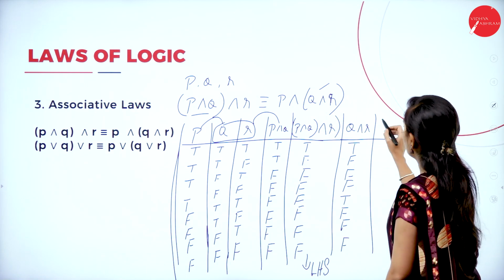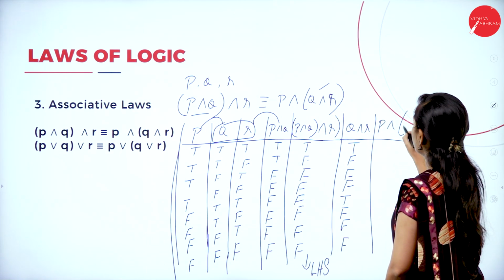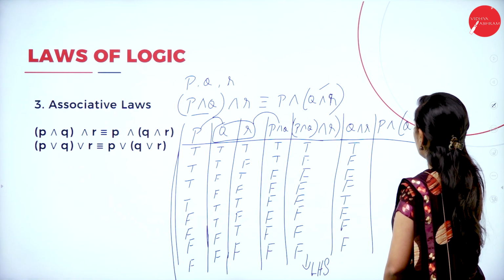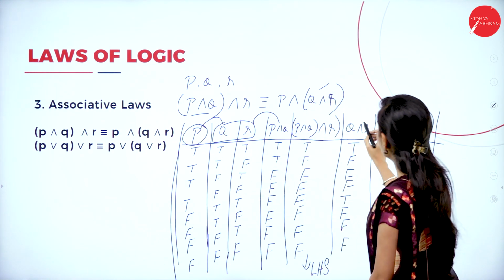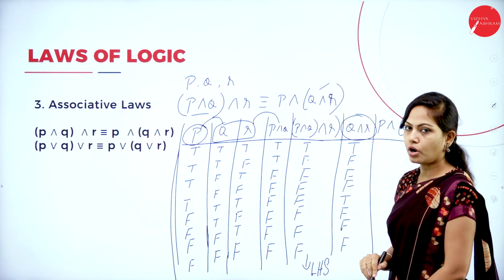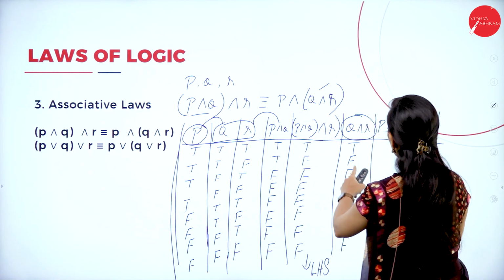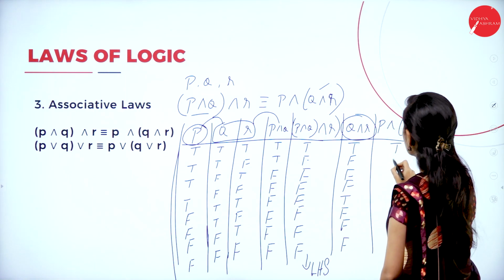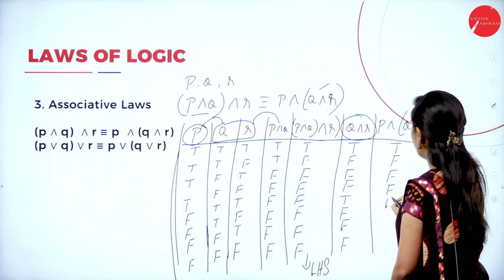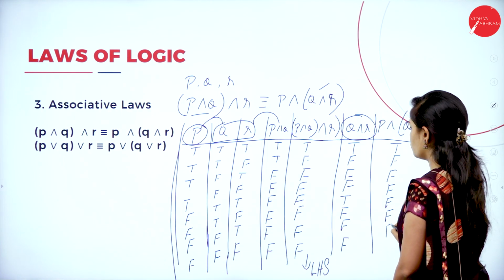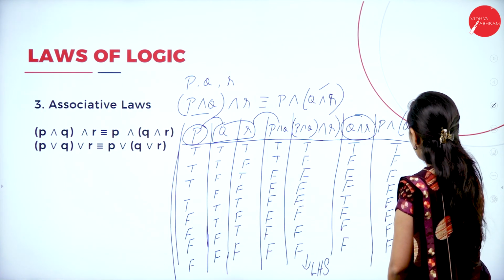Now I will find P ANDed with Q AND R. Just consider the P column and the Q AND R column. True, true is true. True, false is false, and so on for the rest.